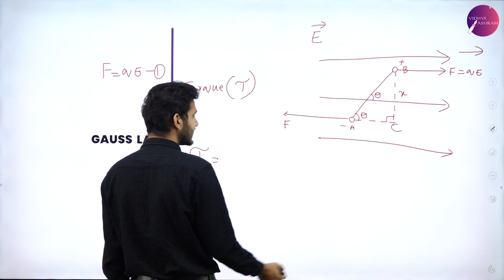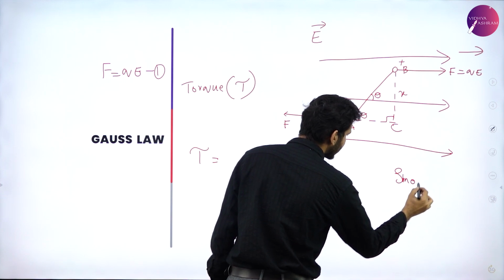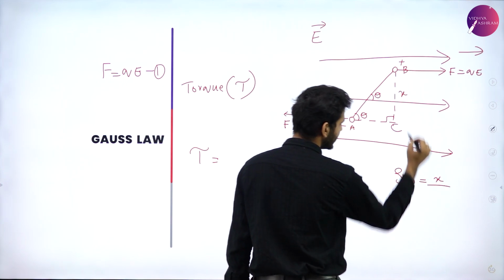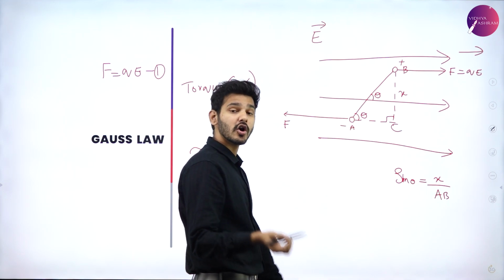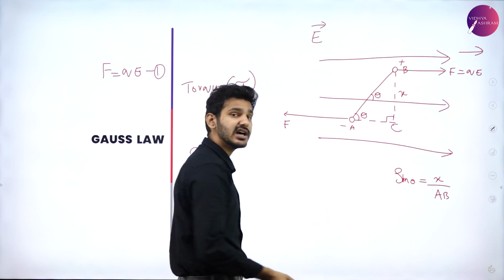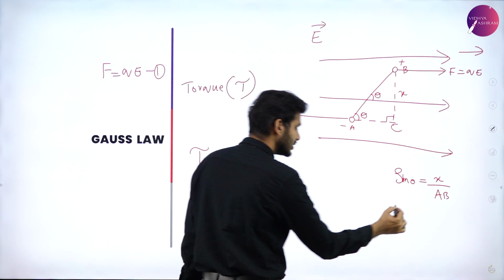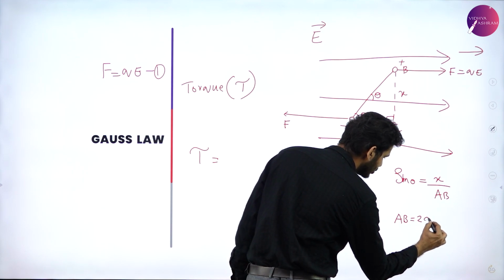So we can say that sine theta will be equal to x by AB. But we already know that AB is the length of the dipole, and the length of the dipole is given by 2A. So AB is equal to 2A.